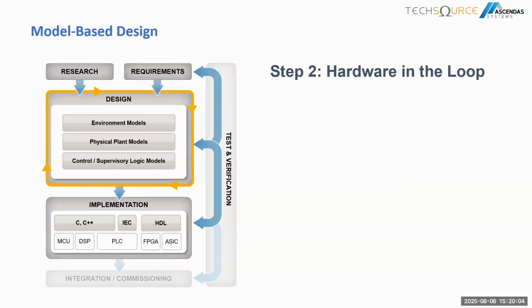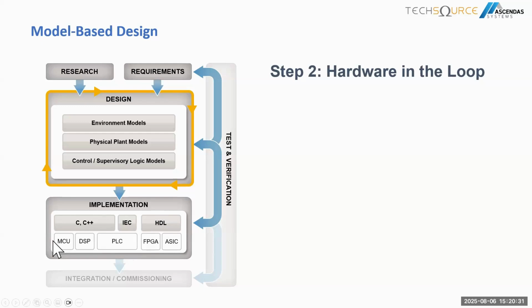deploy or implement these algorithms in actual hardware. And then this actual hardware may be a PLC or an electronic control unit, where we are able to deploy code which can be C, C++ in nature, it can be HDL, it can be PLC.